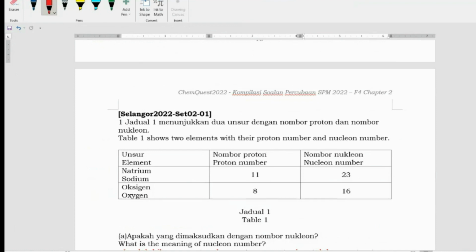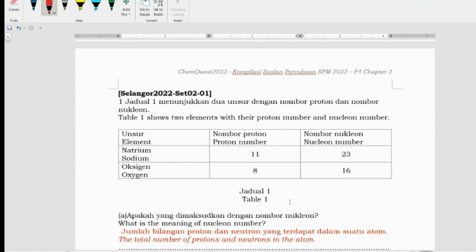Table 1 shows 2 elements with their proton number and nuclear number. What is the meaning of nuclear number? Your answer? The total number of protons and neutrons in the nucleus of an atom. Yes, very good.